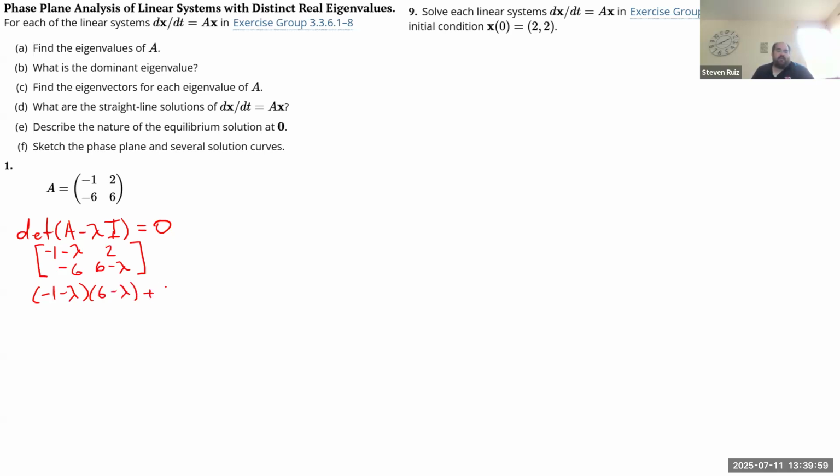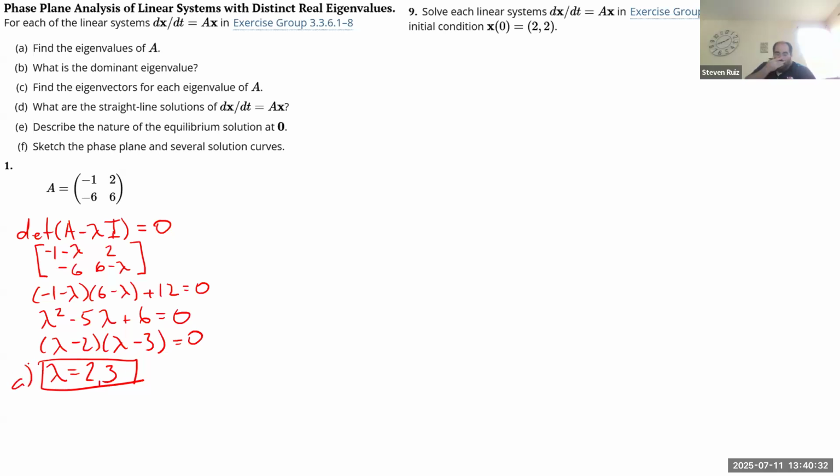So lambda squared minus 6 lambda plus 1 lambda, so minus 5 lambda, minus 6 plus 12, so plus 6 equals 0. I believe that factors to lambda minus 2, lambda minus 3 equals 0. So lambda equals 2 and 3. These are my eigenvalues.